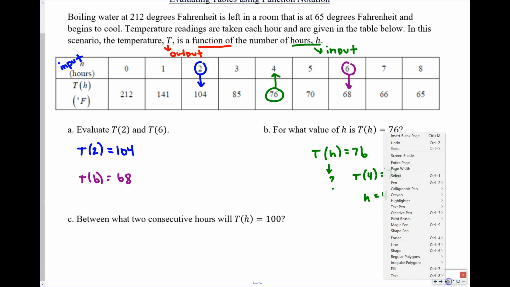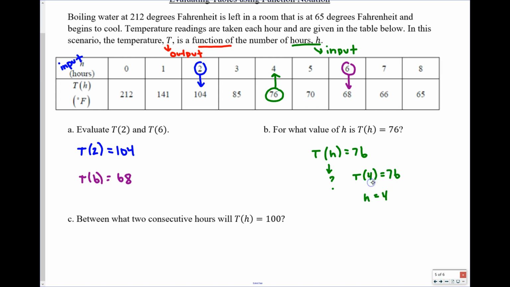The last question now says, between what 2 consecutive hours will T of H be 100? Now, oops, my pen. The word consecutive means in a row. So it's asking for 2 numbers that are in a row that will give me 100. So it could be between 1 and 2, 2 and 3, 3 and 4, 4 and 5. So where would 100 fall into place?